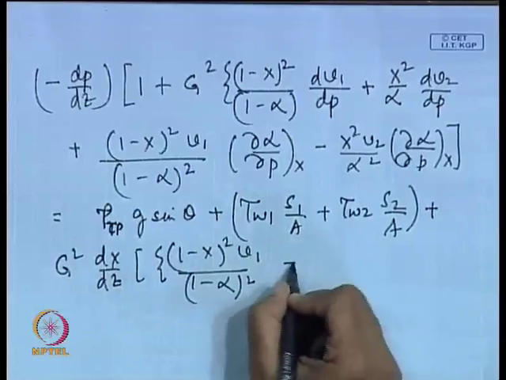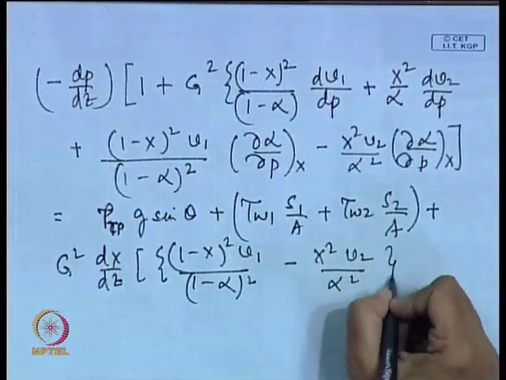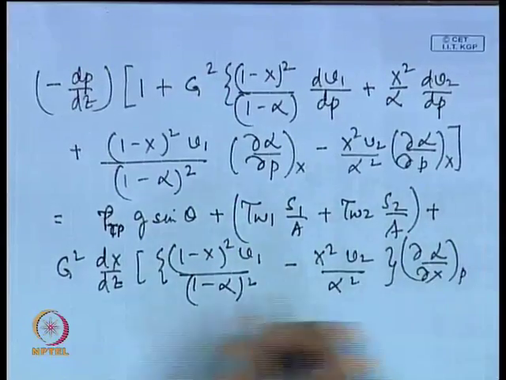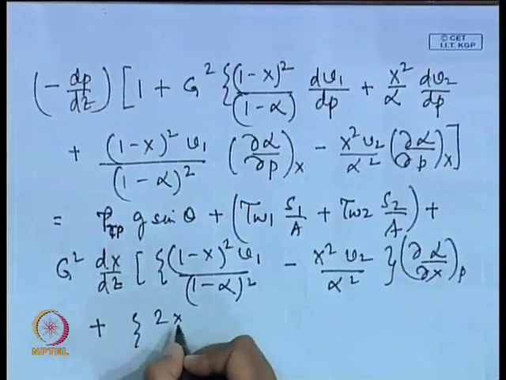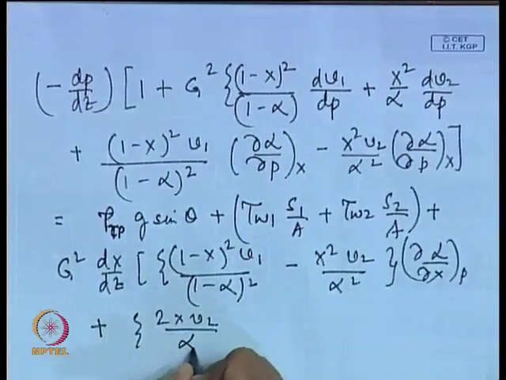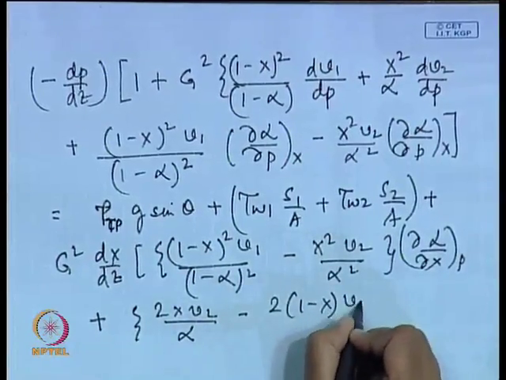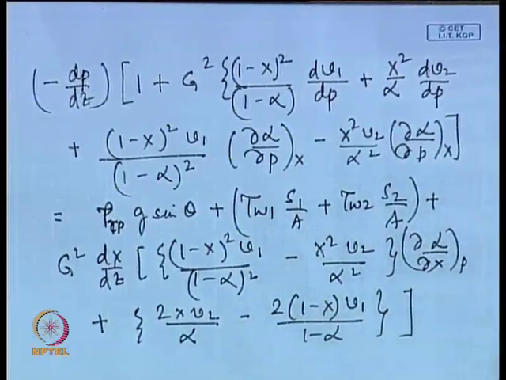Please do these derivations, otherwise it will be slightly difficult for you. Del alpha del x at constant p plus 2 x v 2 by alpha, fine.